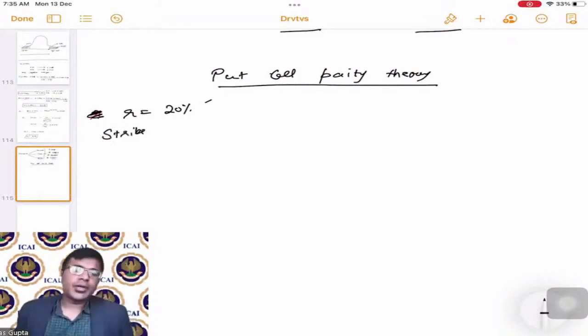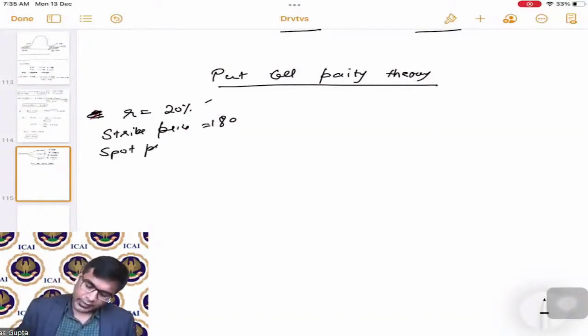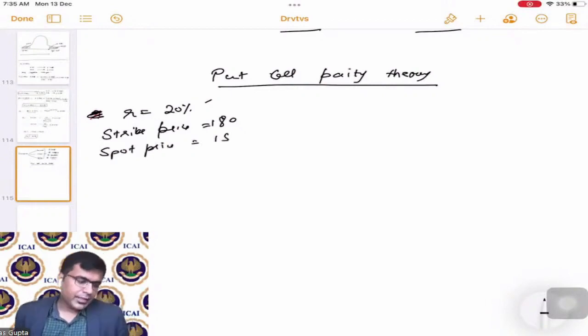R is the annual rate of return, correct? Strike price is equal to 180, for example, and the spot price is equal to 150. Okay. And for example, T is equal to 1 year.